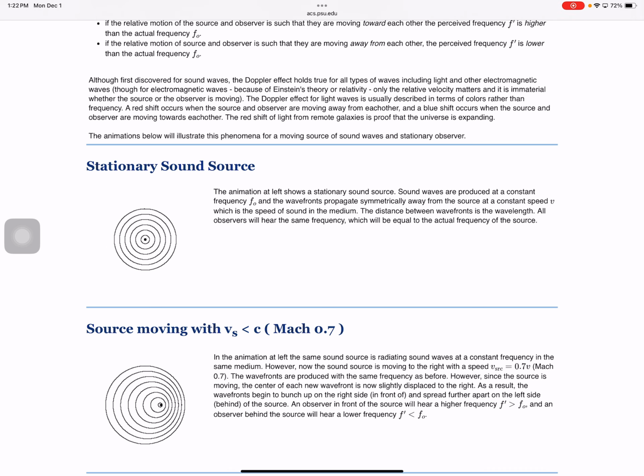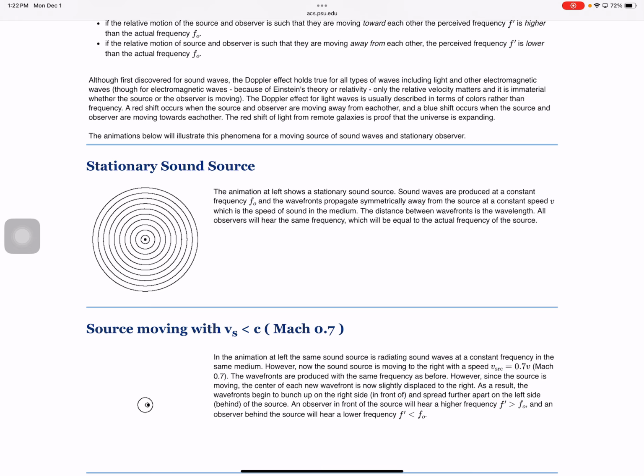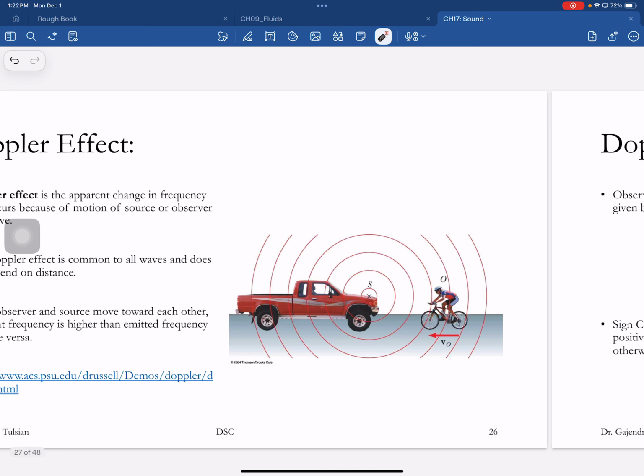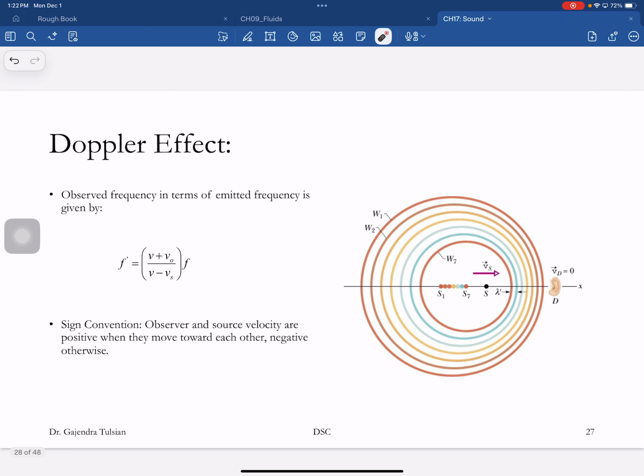All right, if you move towards the source, you will hear a higher pitch. Here's a source moving towards a stationary listener, and this person hears a higher pitch. Here's the formula for the pitch.